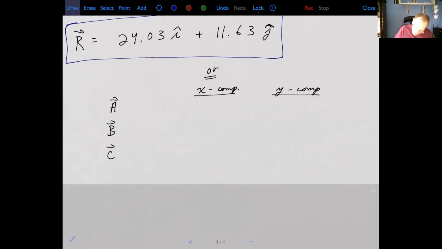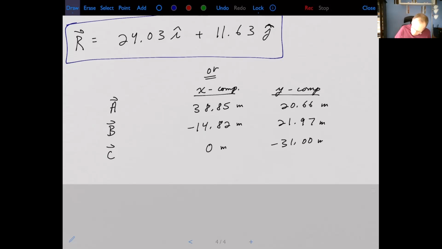I know that the x component for vector A was 38.85. These are really meters. Y component was 20.66. For B, the x component was negative 14.82. And then the y component was 21.97. For C, the x component was 0. And the y component was negative 31.00.